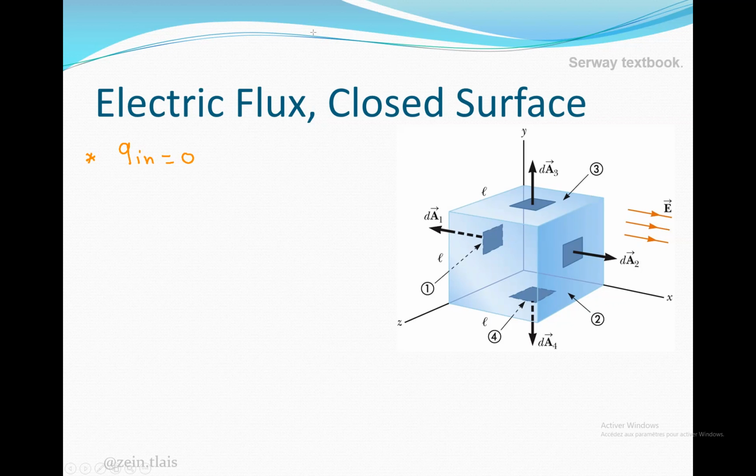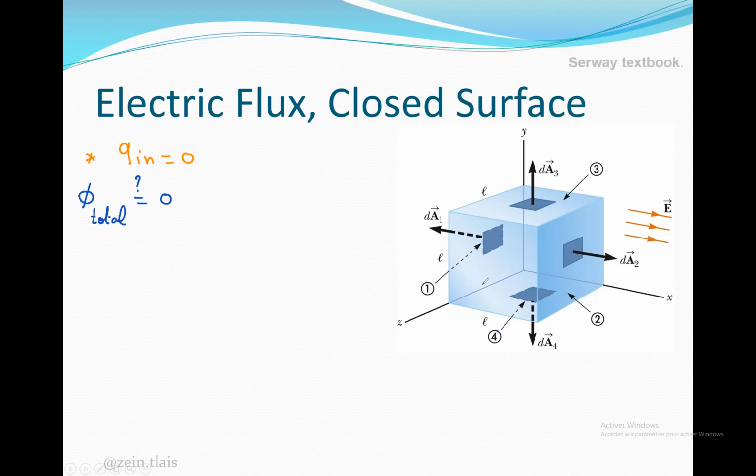I want to show that the total flux in this case must be equal to 0. Okay? In this case, when Qin inside equals 0. First of all, for this cube, we have 1, 2, 3, 4, 5, 6.